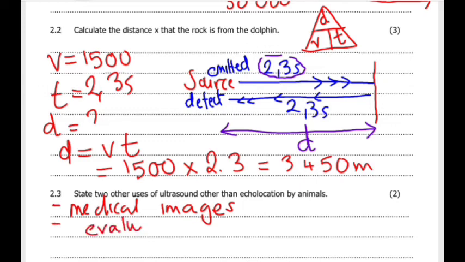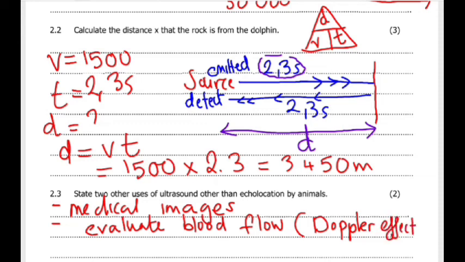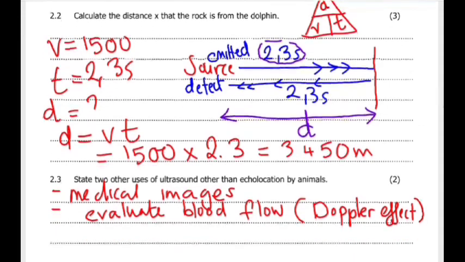We can also use ultrasound to evaluate the blood flow and diagnose disease. Here, the science behind it is known as the Doppler effect. Very interesting to read that and find out what the Doppler effect is. We'll talk about it probably later on in grade 12, for those who don't do IEB. For those who do IEB, well, probably not. It's not in your syllabus.